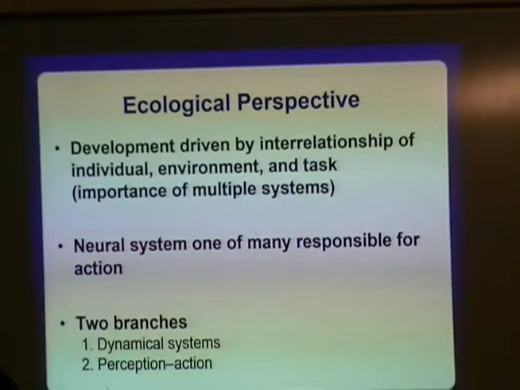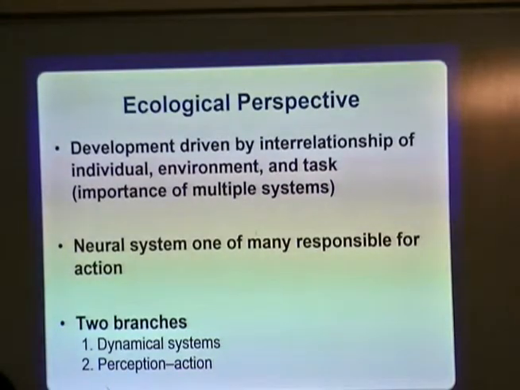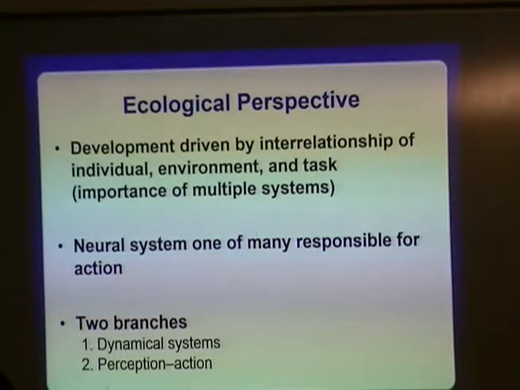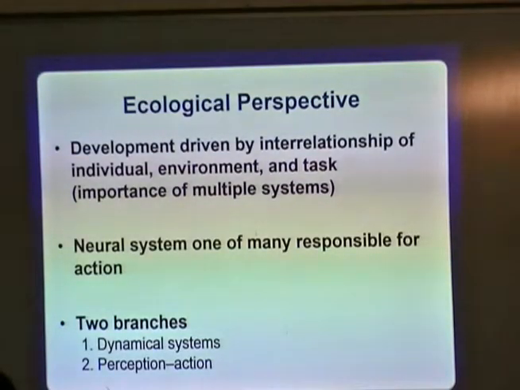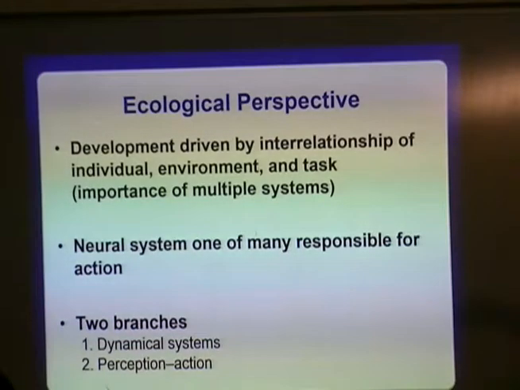Information processing would say that the central nervous system, the brain in particular, is the controller. It's a central governor. All movement is dictated by the central nervous system.